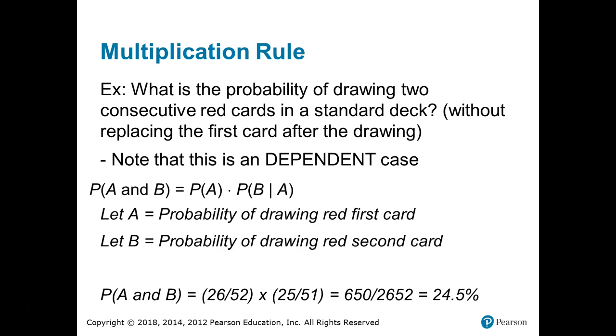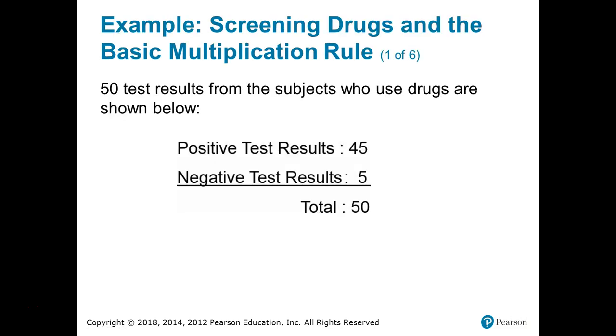We started with 26, you took away one red card, so now there's 25 red cards left. So that is what you're dealing with. So P of B given A is going to be 25 out of 51. Do the math right there, and you get 24.5%. So slightly less than 25%, 24.5%. Okay.